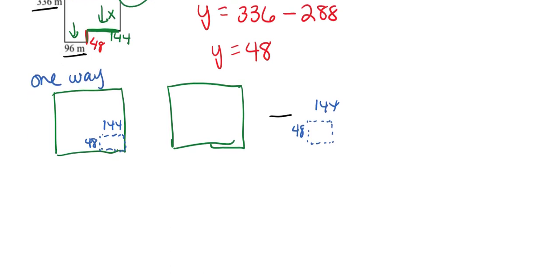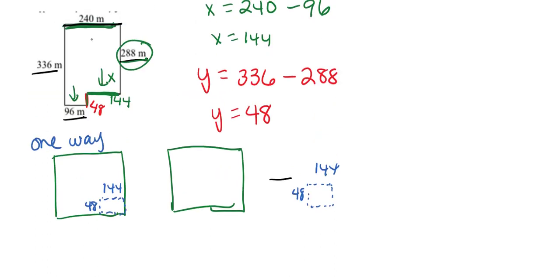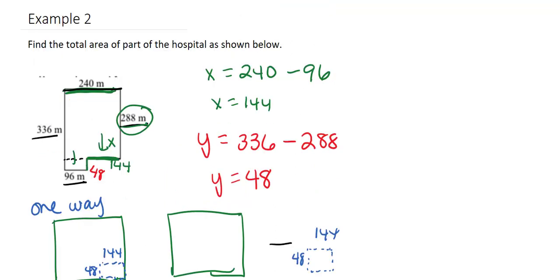So here's one way. The second way would be to take this and cut it right here. We would solve for essentially this part, then solve for that part, and then add those together. So there's two ways we could solve. Let's do the second way.